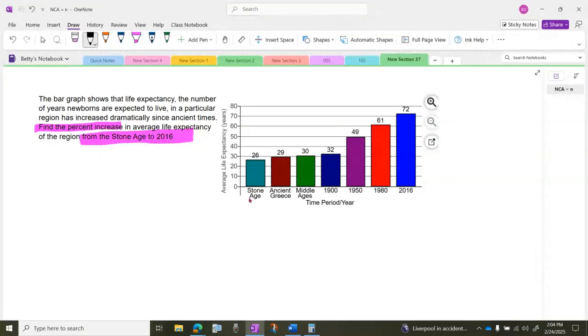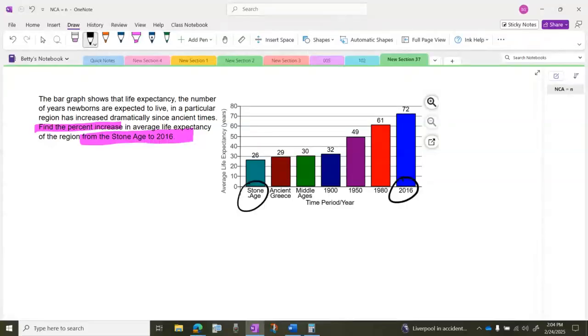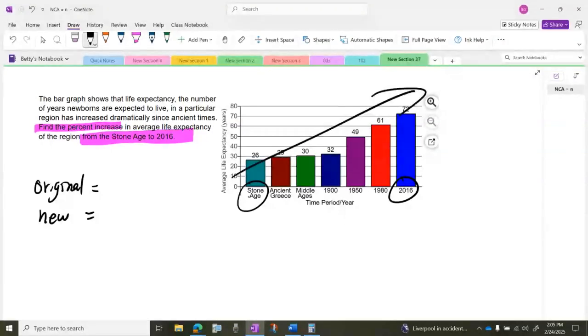Stone Age is this one, 2016 is here, okay? Remember, I have emphasized many times, on your scratch paper, please write down original and new. We are looking for percent increase because it's gone up, right?